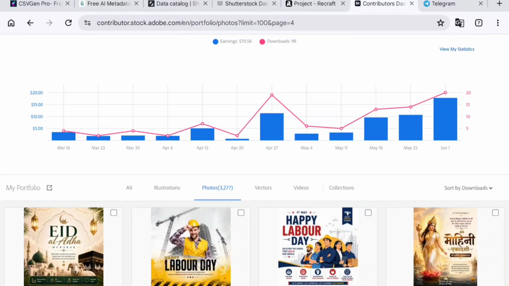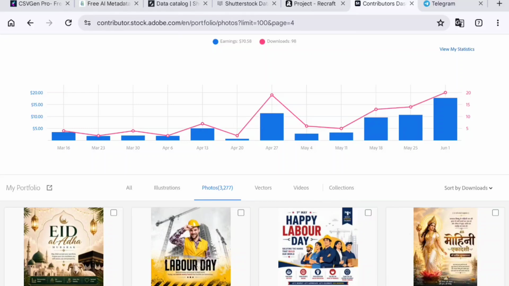If your portfolio earns an average of 20 cents per design per month, you will need around 1000 active designs to reach $200. If your portfolio earns around 50 cents per design per month, you will need approximately 400 designs.